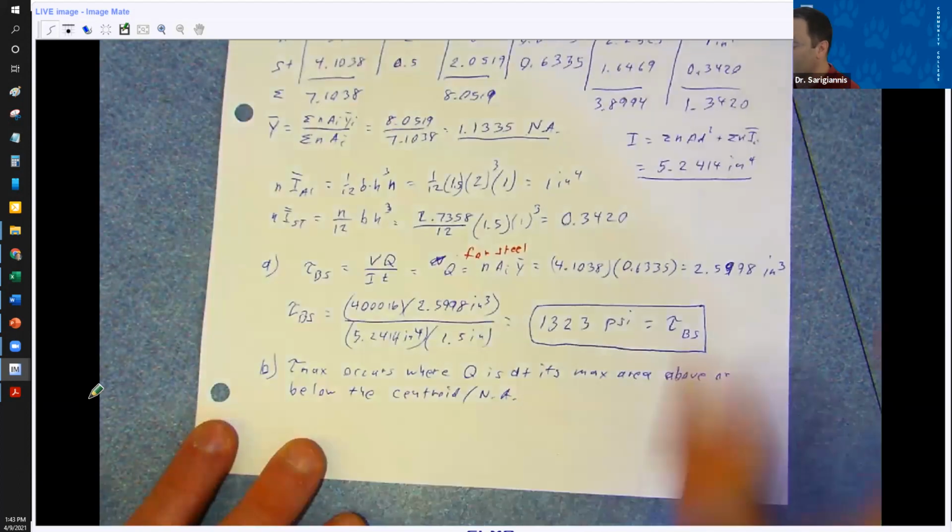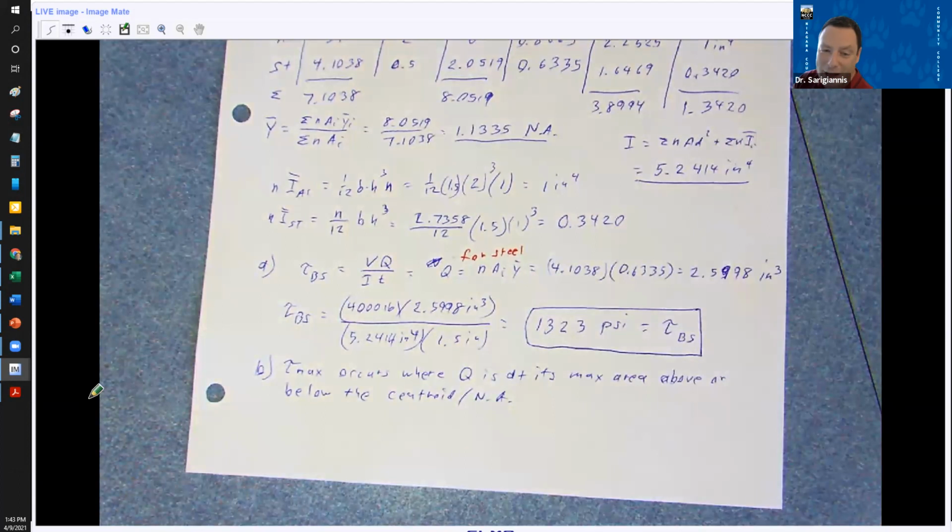Right? This is what we learned with those shear flow diagrams. The shear increases up to the neutral axis, then it starts decreasing again.